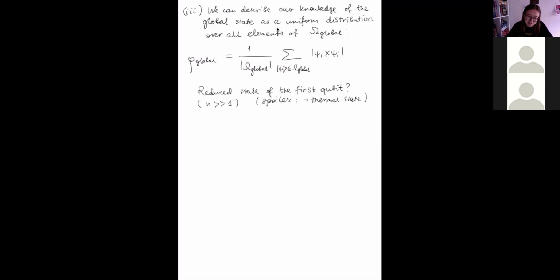And so let me maybe just pave a way to show this. So rho 1, the reduced state of the first qubit, is, we need to trace out all the systems from 2 to n from the global state.